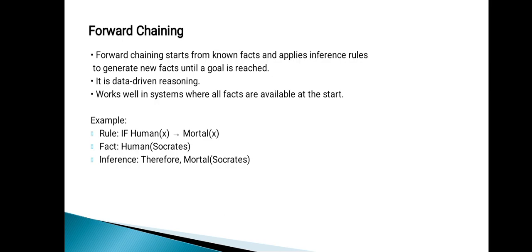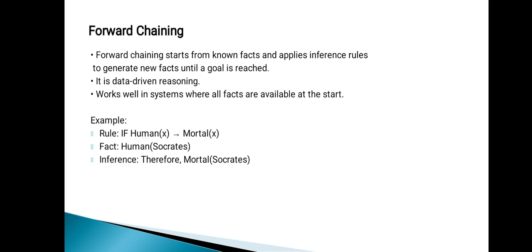This process continues until the desired goal is reached or no additional facts can be derived. Since it starts with the available data and moves towards the conclusion, it is called data-driven reasoning. Forward chaining works well in situations where all the facts are already available.